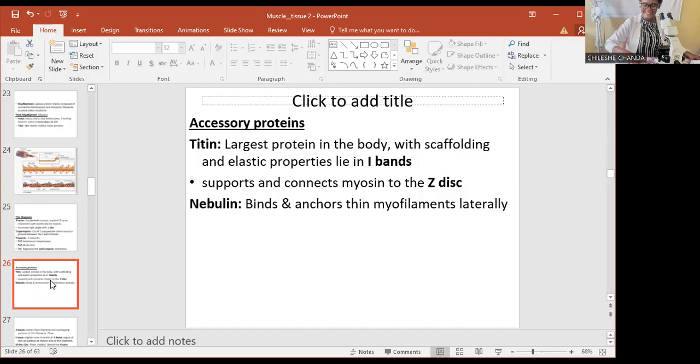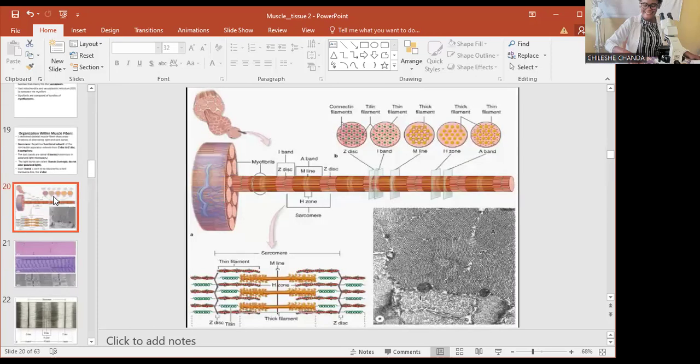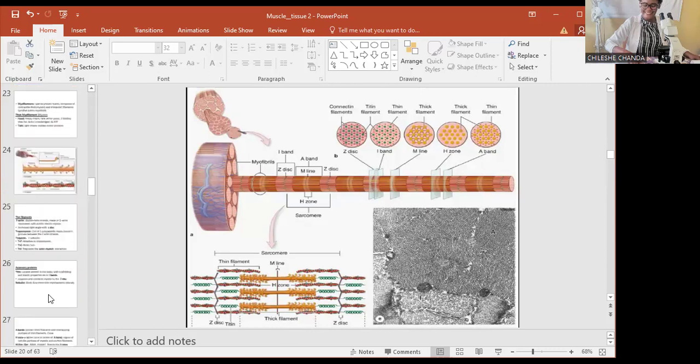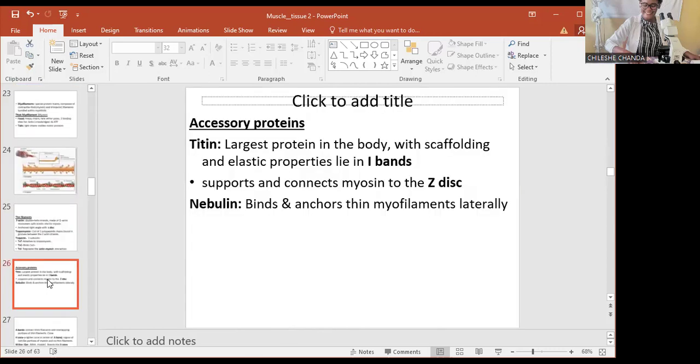Then we have nebulin, which binds and anchors thin myofilaments laterally. So those are the accessory proteins.